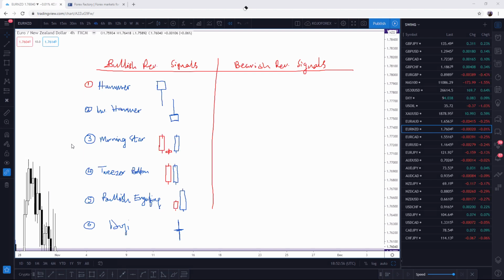Now I'm going to leave this here and then we go quickly into the bearish patterns as well. So the interesting thing about the bullish reversal and the bearish reversal is that initially when you join they look the same, but the name changes based on the position, right? The name changes.